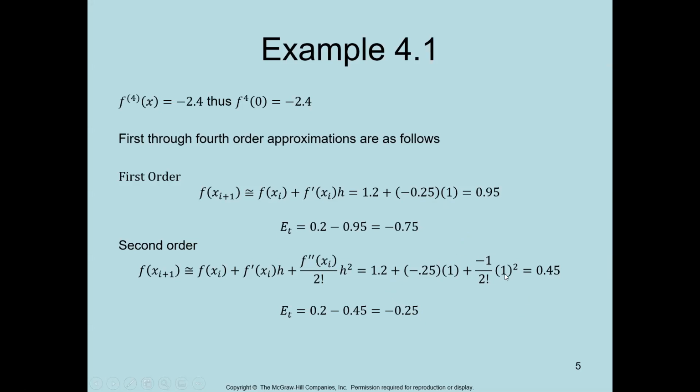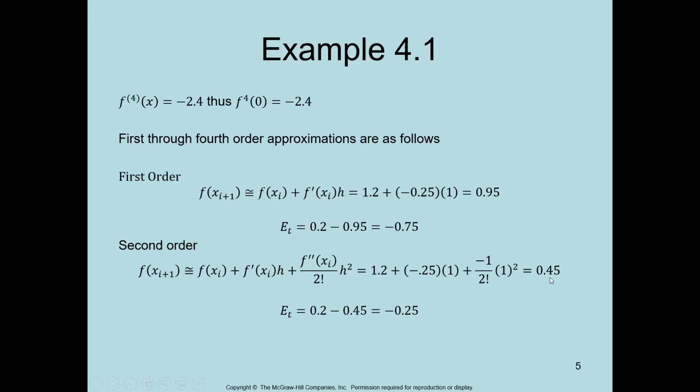The value of h we already know. And remember that the power of h will increase: power 0, power 1, then power 2. So in this case, the power of h will be 2.